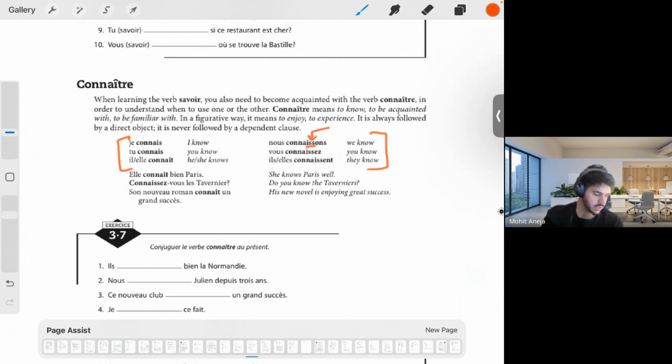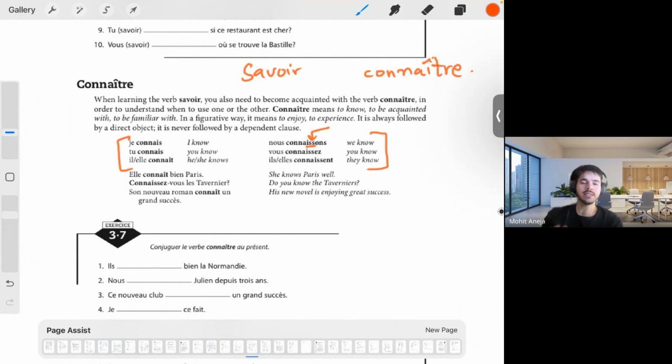Both of these meanings, savoir and connaître, are very, very similar in what they mean. They both literally translate to know something, but there are differences in how we use them in French.